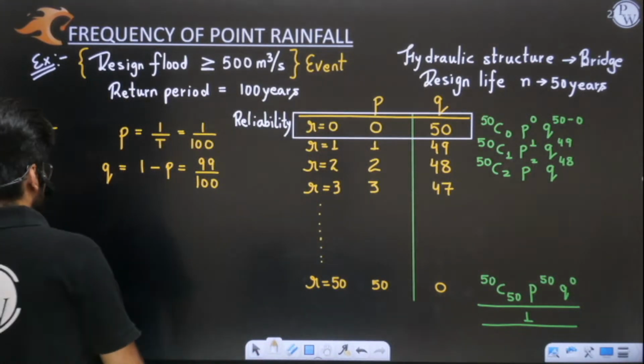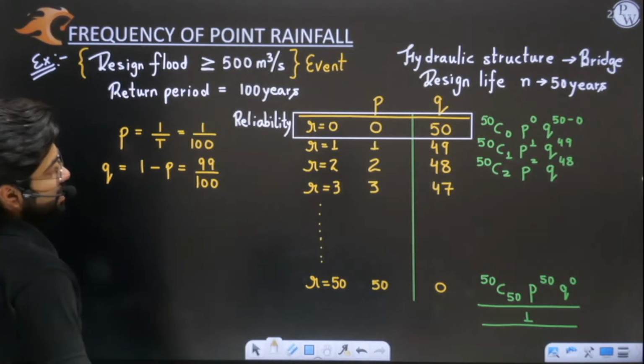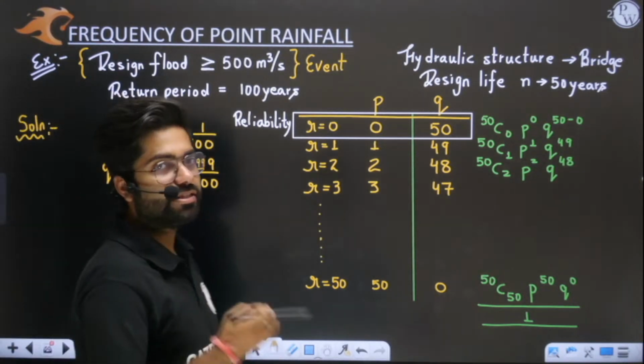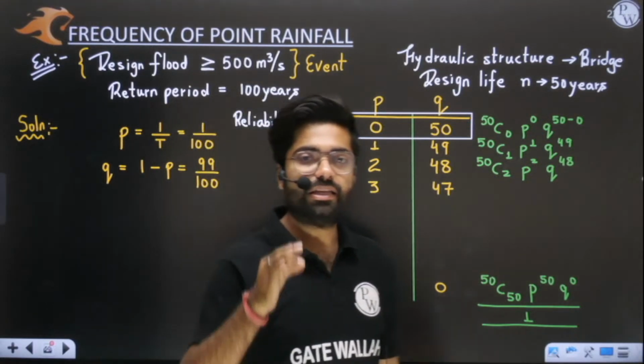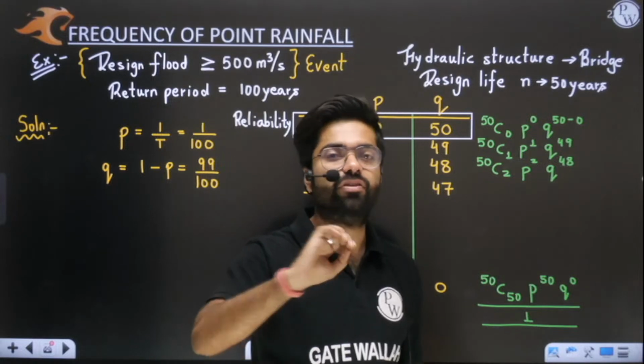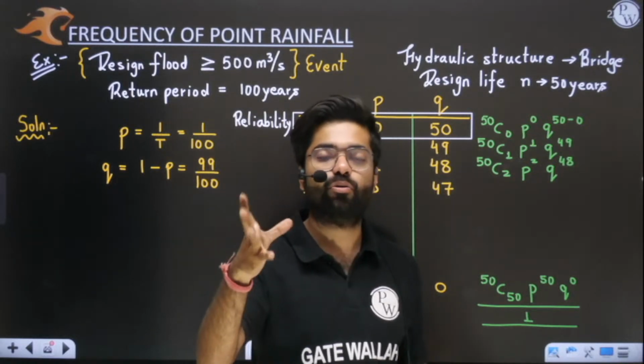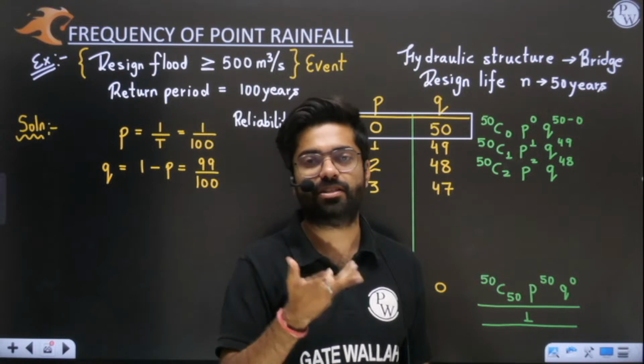Now we are interested in risk. What is the meaning of risk? Risk means even if this flood occurs at least once out of 50 years, obviously my structure will be at risk.